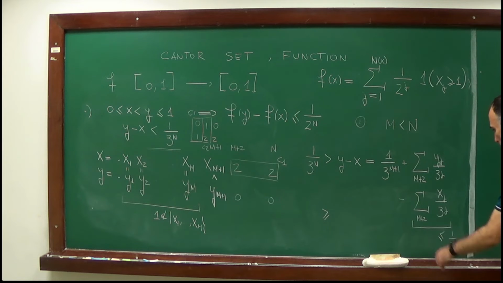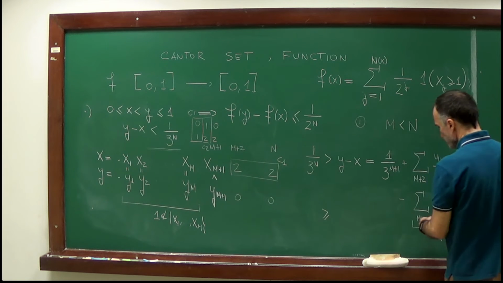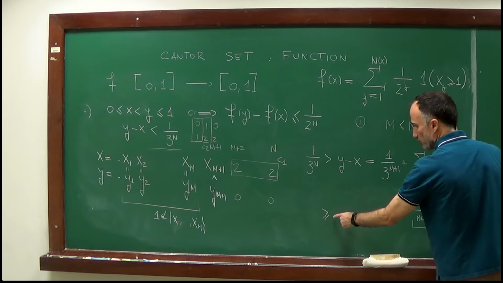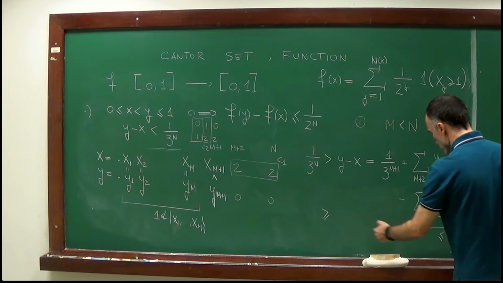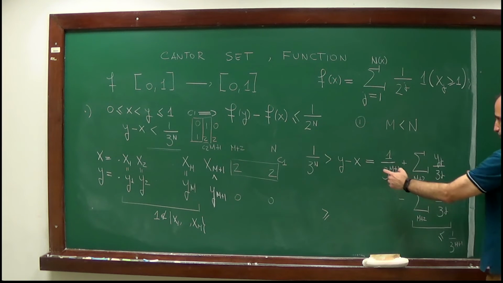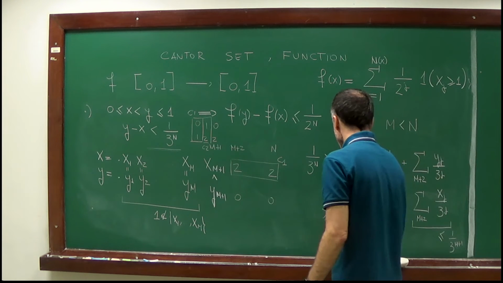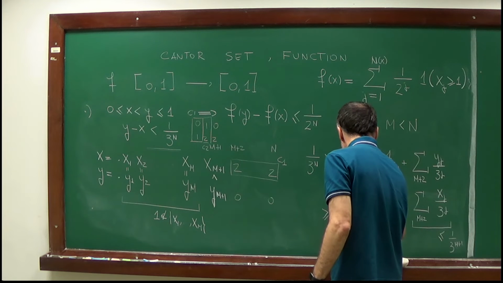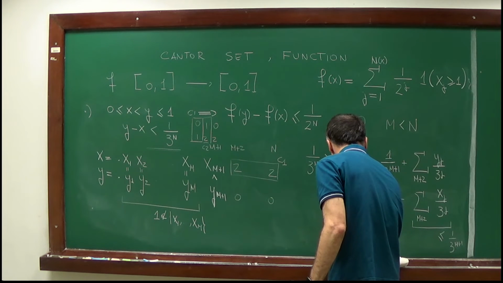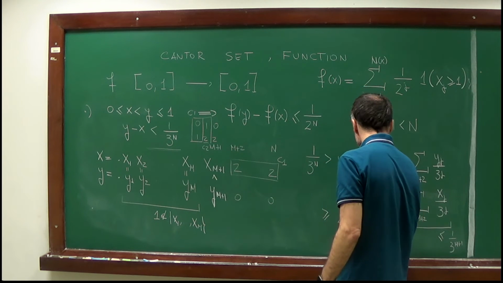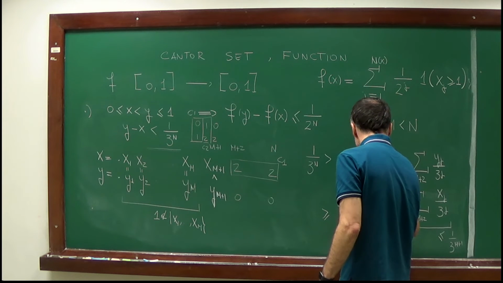So this sum is bounded by 1 divided by 3 to the power m plus 1. So I have here this expression bounded below by this sum minus that expression, so this will cancel with that one, and what I get is that that expression is actually bounded below by the sum starting from m plus 2 of y_j divided by 3^j.